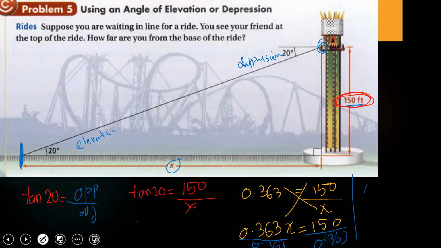So you'll find that x is 150 over this number, which is 413.2 kilometers. So you are 413 kilometers far from the top of the right. And in this way, you find how far away you are from your friend.